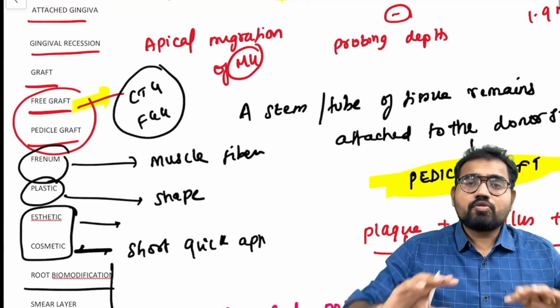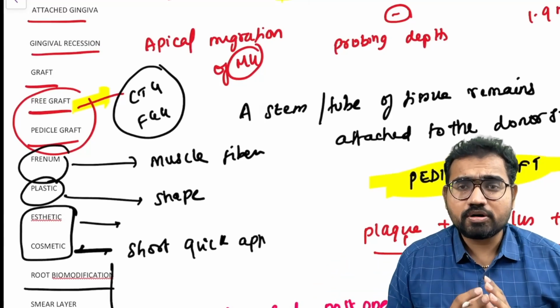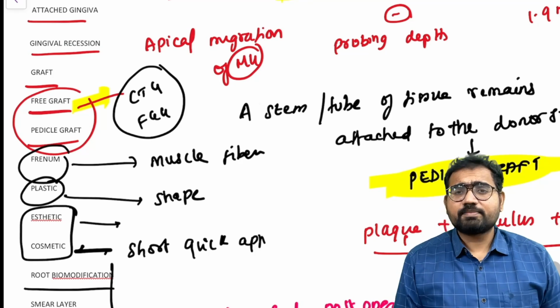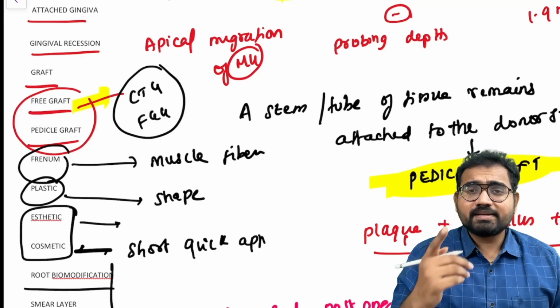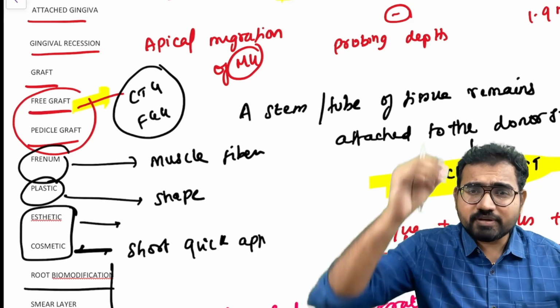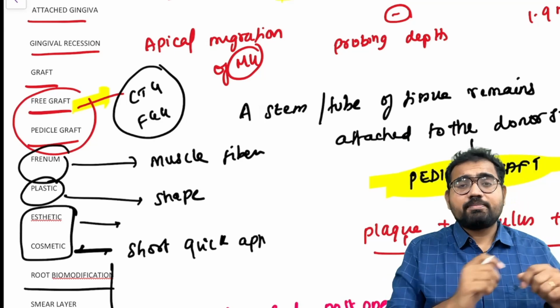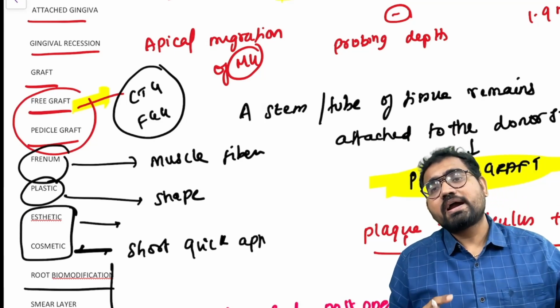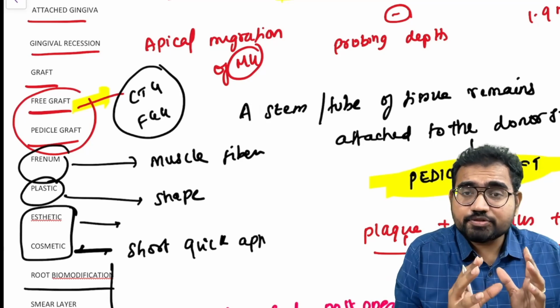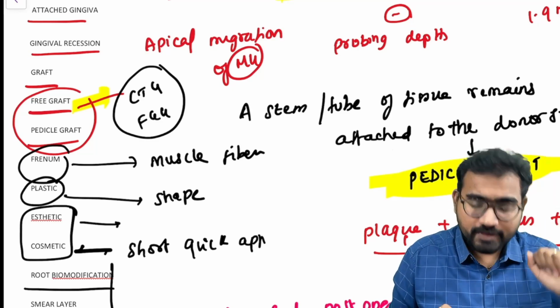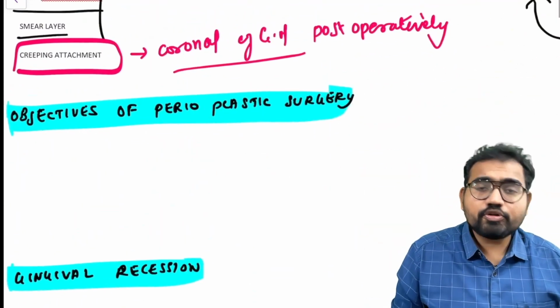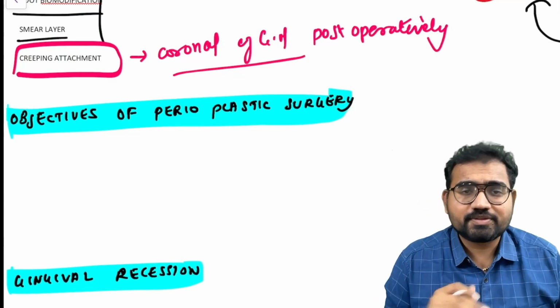Once you get familiarized with all these terms, whatever terminology I speak inside will be very easy, a cakewalk. Pedicle graft: some piece of tissue remains attached to the donor site. I am not completely cutting the tissue and placing it. If I cut the tissue completely and place it on the other side, that becomes a free graft.